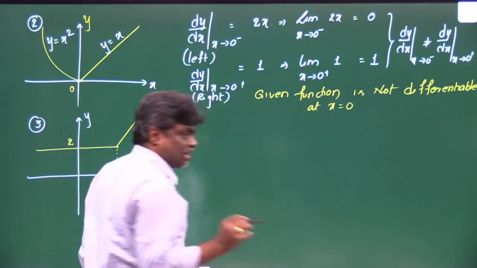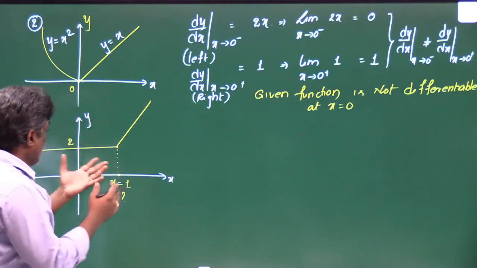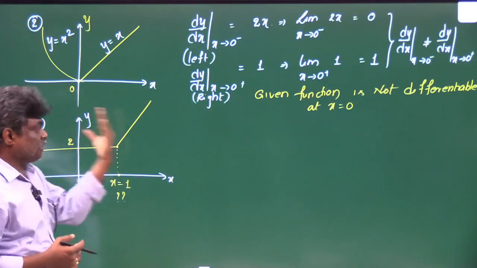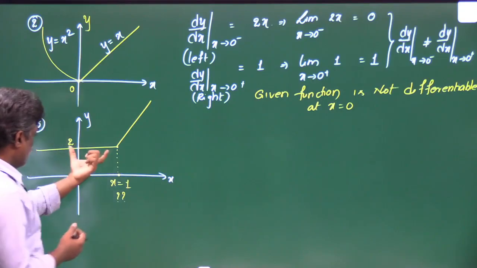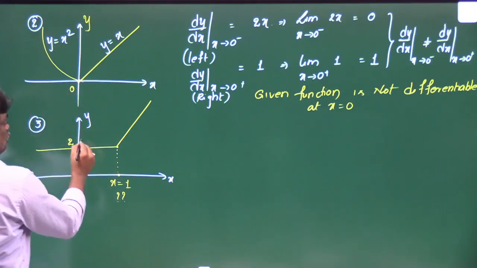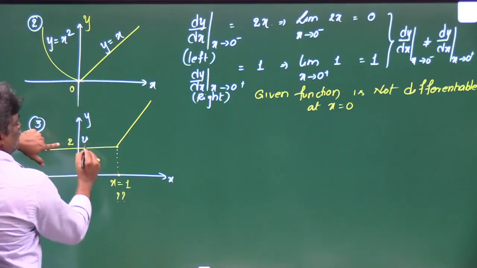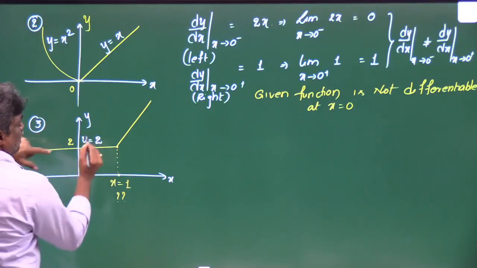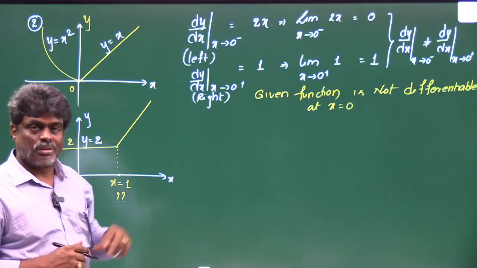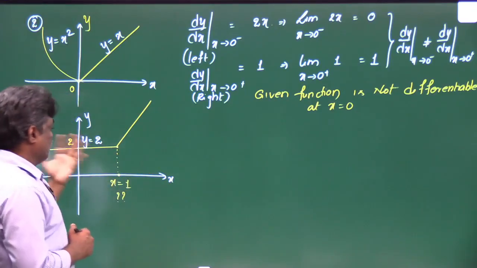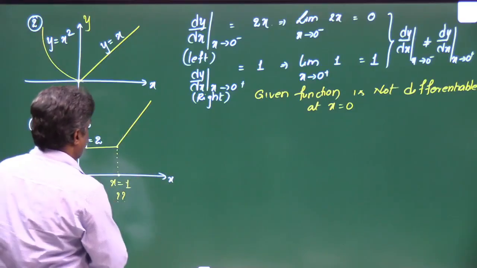So whenever you are checking the differentiability, first you have to write the function on the left side as well as right side. Now the left side is very clear. Your y is a constant, that's why here y is equal to 2. So that is the left side function. And what about the right side?